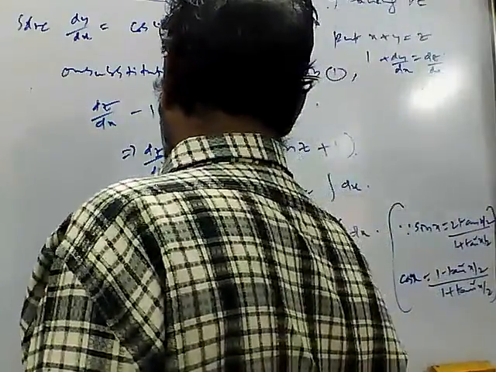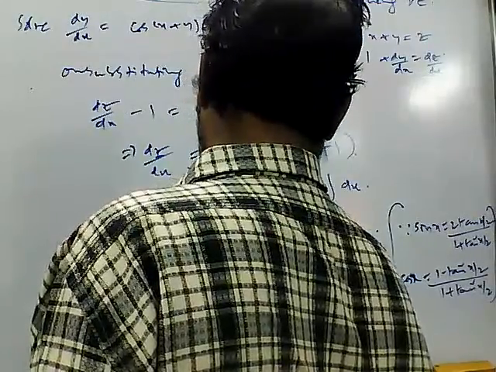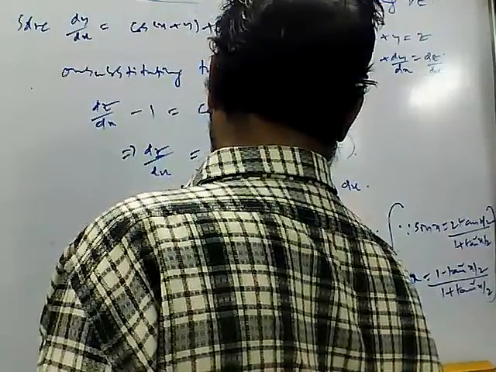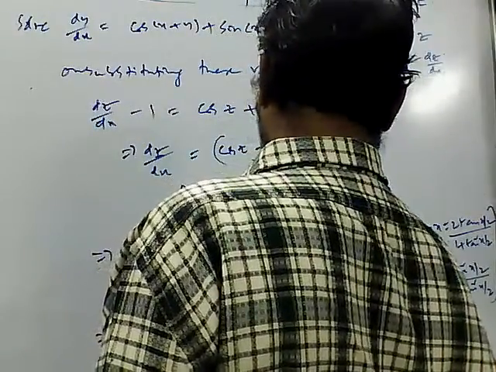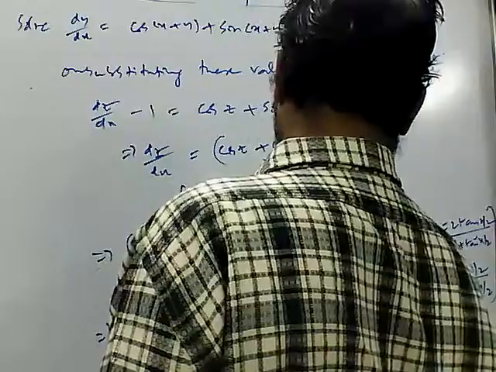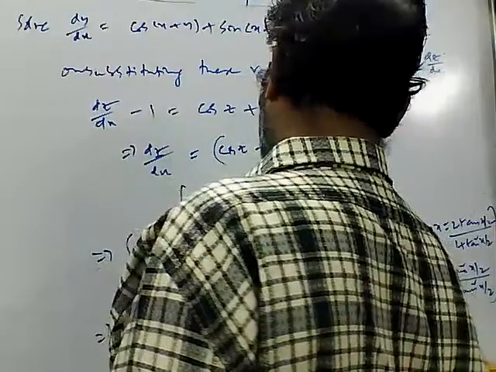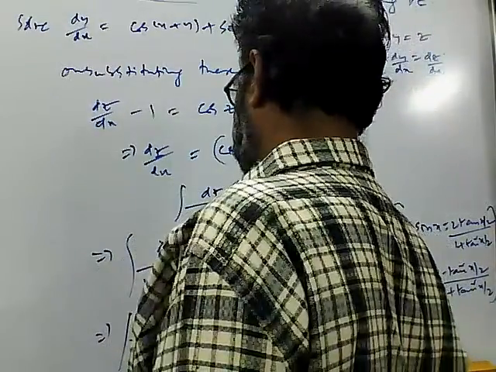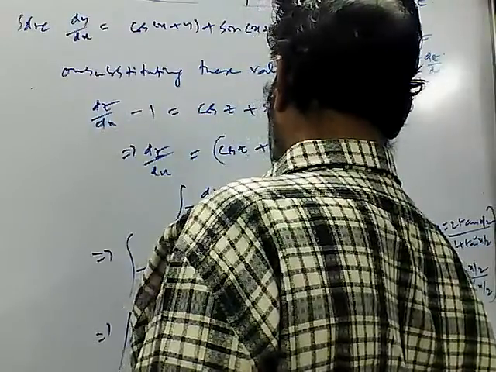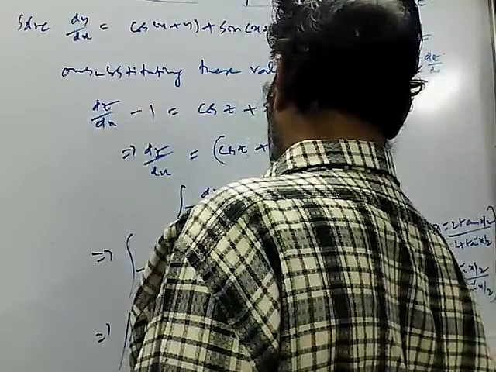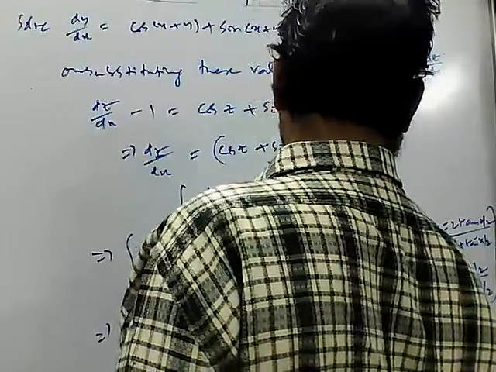That implies dz by 1 - tan²(z/2) + 2 tan(z/2) + 1 + tan²(z/2), all over 1 + tan²(z/2), is equal to integral dx.